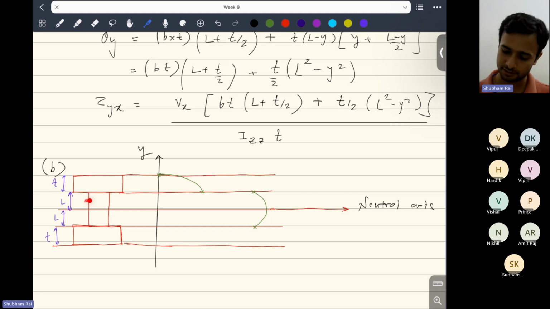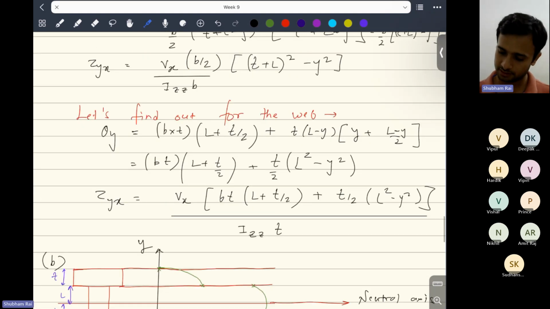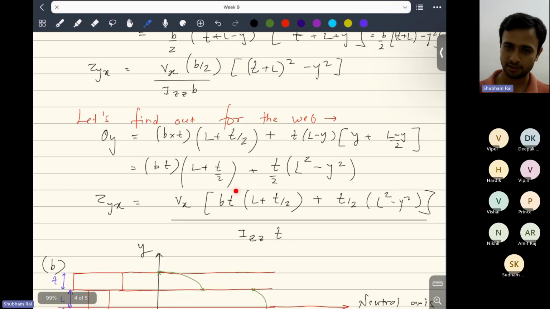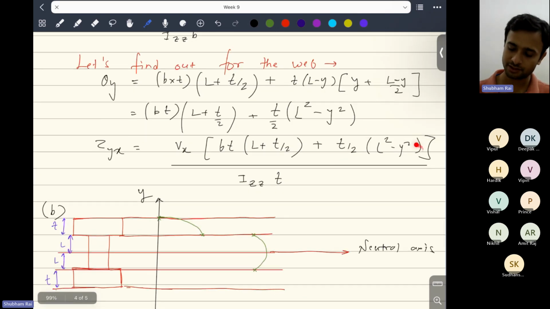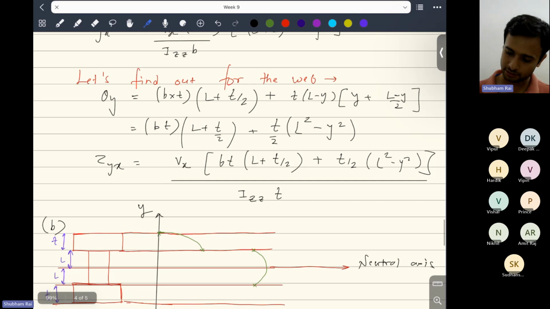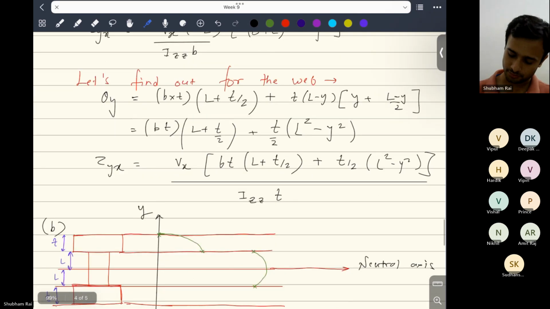You can see from this formula that this extra term is there, right? So if you put y is equal to L, this term will vanish and you will be left with Bt into L plus T by 2. And if you put y is equal to L here, so what will happen?